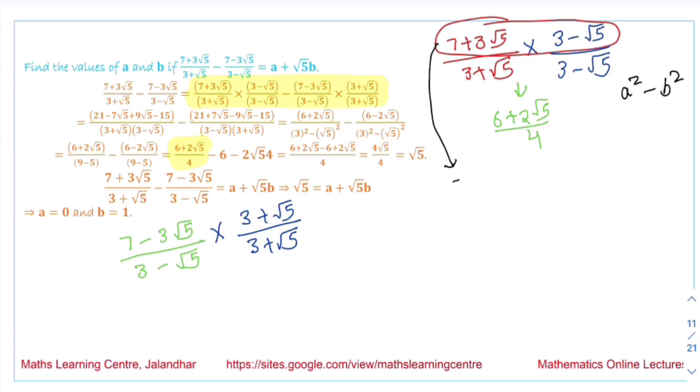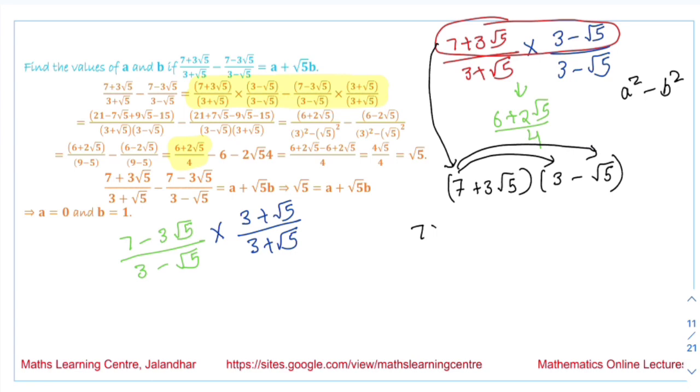In the numerator it is 7 plus 3 root 5 into 3 minus square root of 5. So we have to multiply 7 with 3, then 7 with root 5, so it is 7 into 3 minus 7 into root 5. Next, we have to multiply these terms, so we get plus 3 root 5 into 3 minus 3 root 5 into root 5.